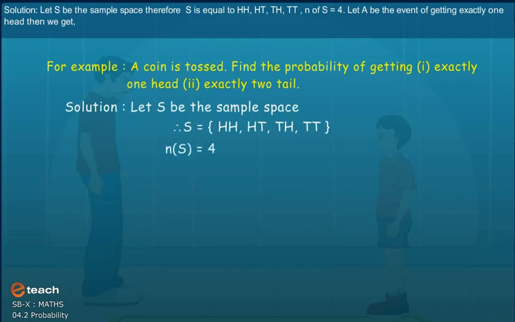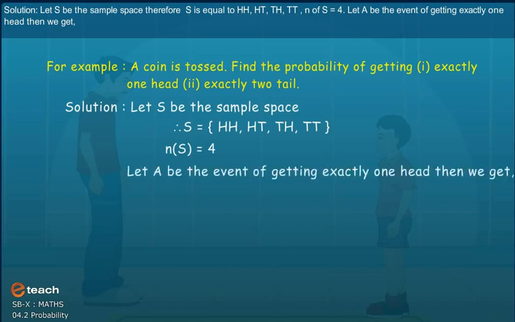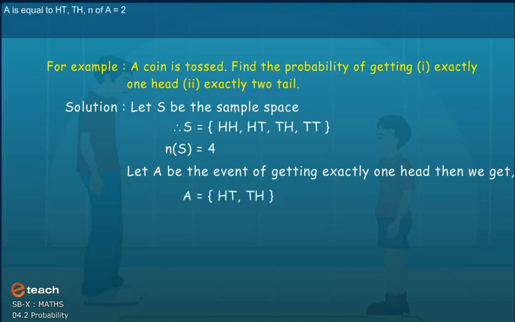n(S) is equal to 4. Let A be the event of getting exactly 1 head. Then we get A is equal to {HT, TH}. n(A) is equal to 2.